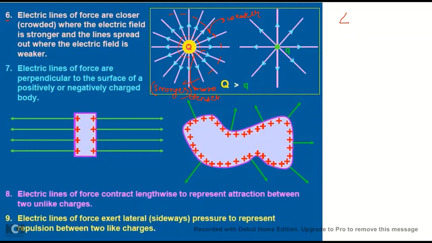Definitely the electric field strength has the formula kq upon r square. It means the electric field is inversely proportional to the square of the distance. As we move away from the charge, the electric field strength decreases. On increasing the distance, the electric field decreases.